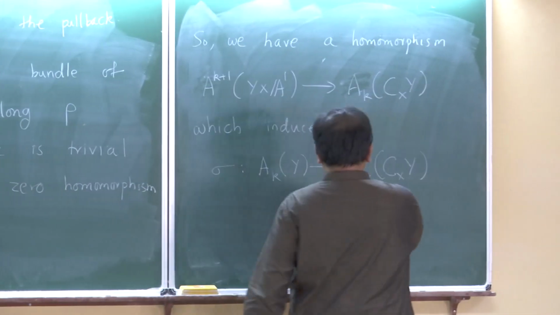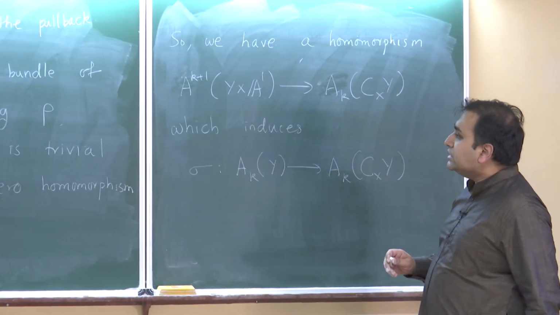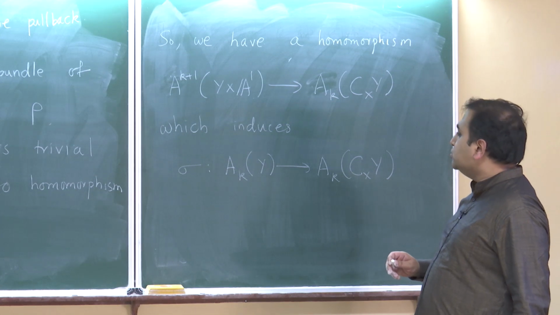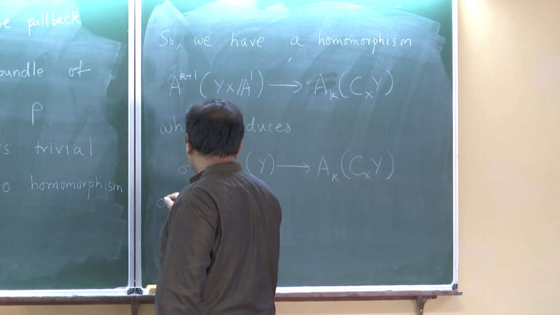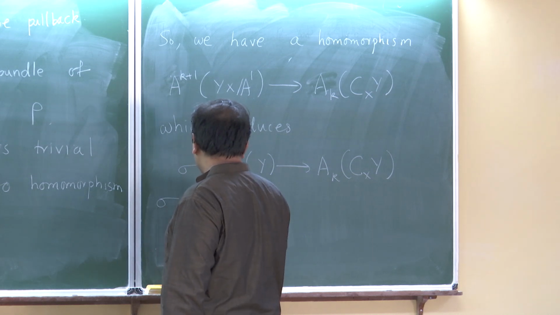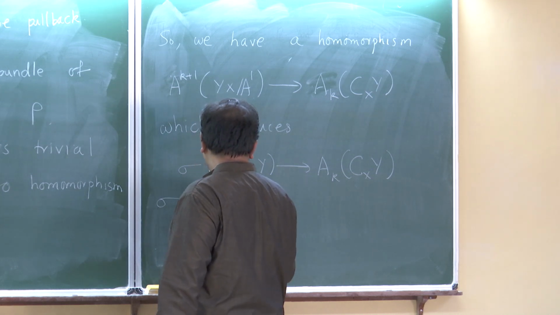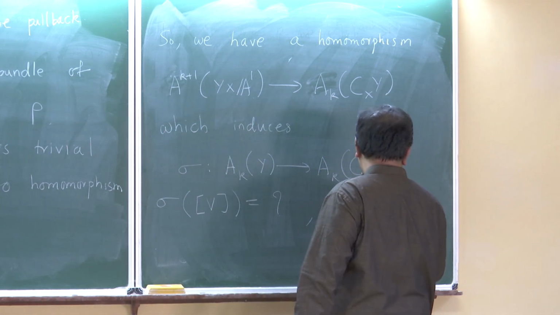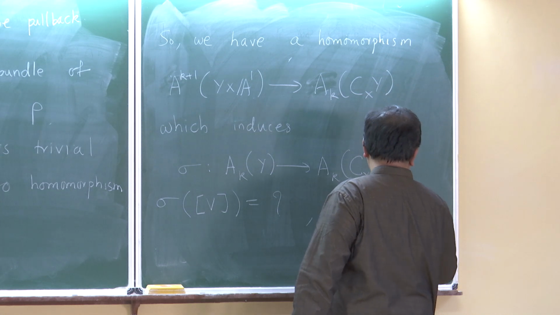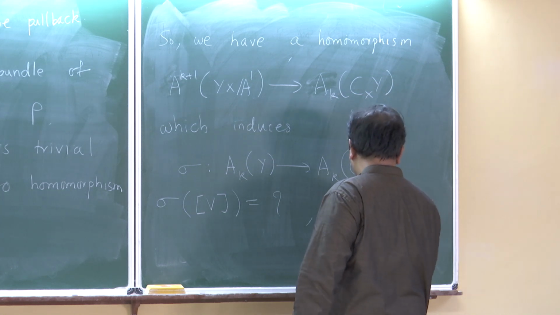But anyway, now you have this homomorphism, and let us understand what it is doing. So what is sigma of V, where V in Y is a k-dimensional subvariety?